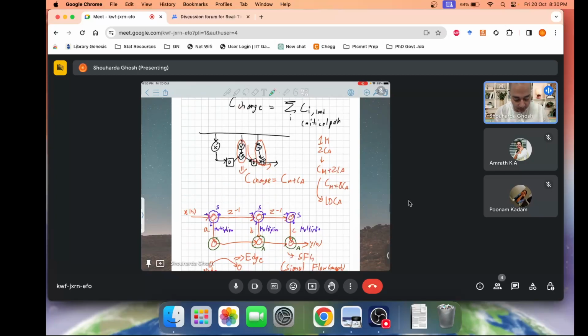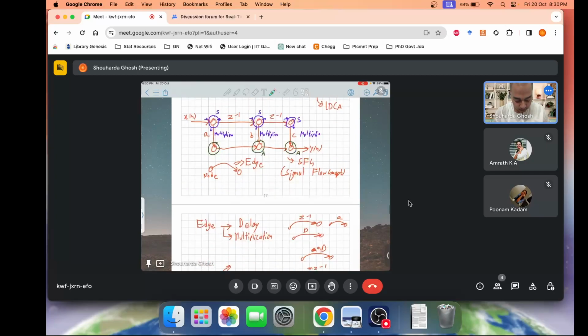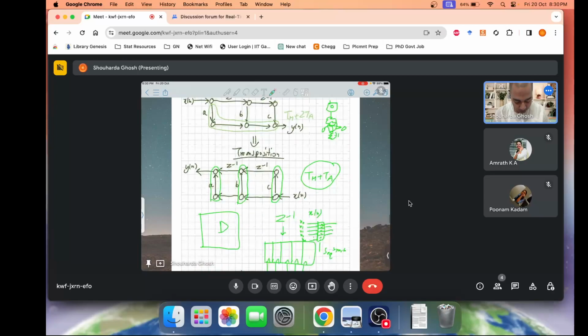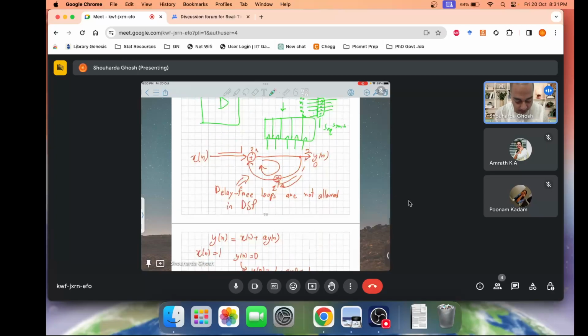For that you will have a particular critical path, and you need to directly add the capacitances of the elements in the critical path. For example, in this circuit the critical path is this, so the corresponding charging capacitance will be Cm plus Ca. I have repeated transposition multiple times.